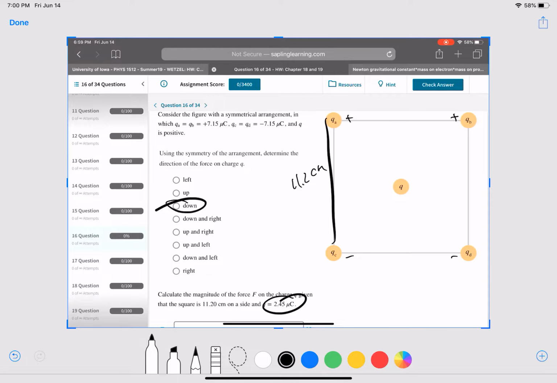Okay, so what you need to do to figure out QA is you need to know the distance here, and so this is going to be 11.2 divided by 2 is that distance, and that's the same as this distance.